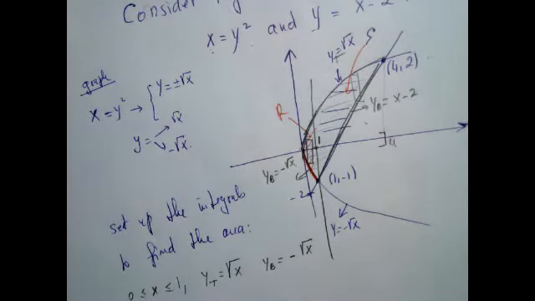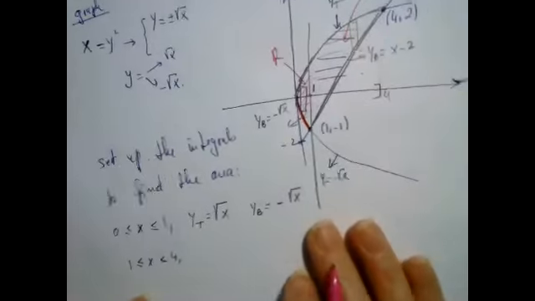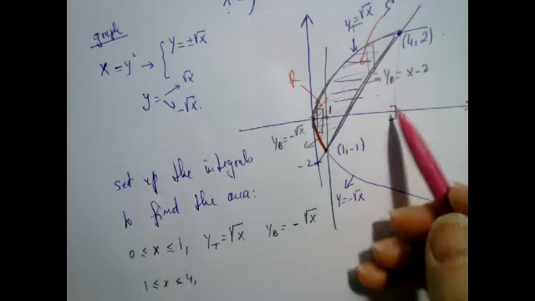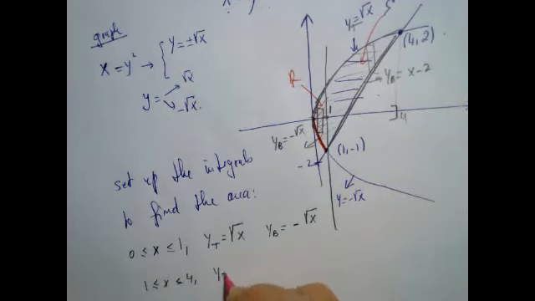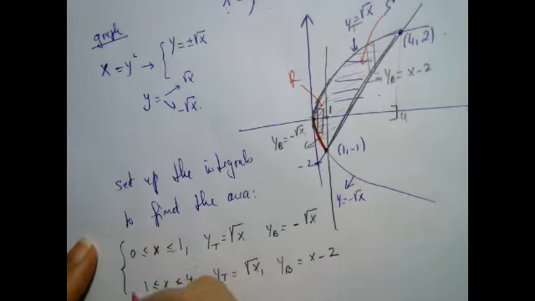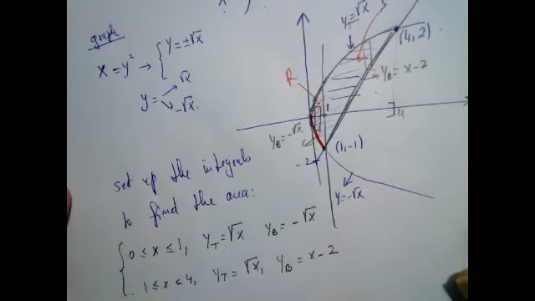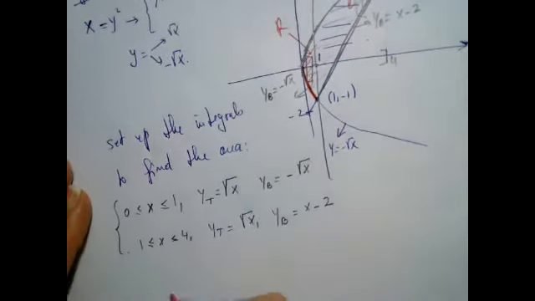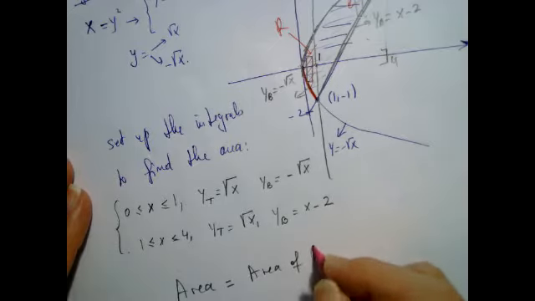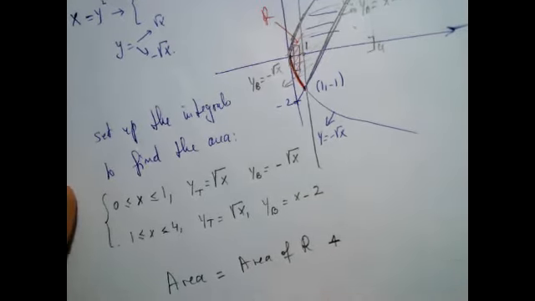Between 1 and 4, my top is always square root of x because it didn't change, and my bottom is x minus 2. That's really my picture. So now the total area is the area of the first region that I called R plus the area of S.